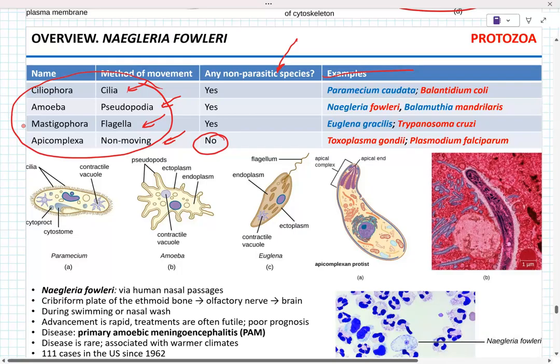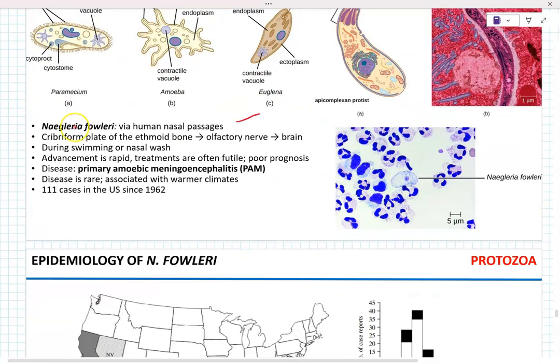I just provide them to you. And in this example, just to show, if the color of the example is blue, it's not parasitic. If it's red, it's parasitic. What about this guy, for example? It means that it's non-parasitic, but can be. And that brings us to one of my favorite organisms, Naegleria fowleri. It's an amoeba.